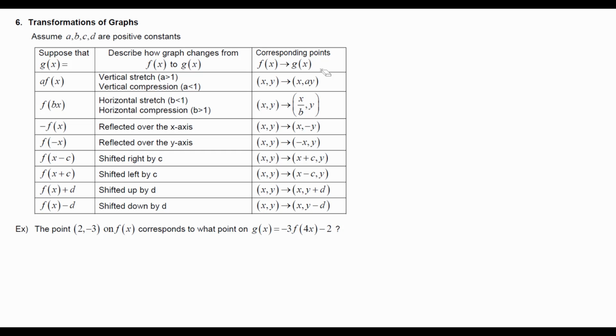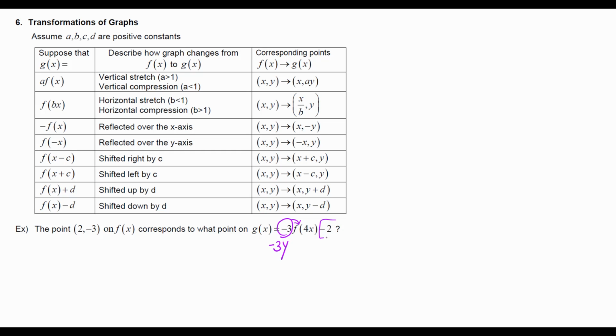Example. The point 2, negative 3 on f of x corresponds to what point on the new function g of x, which is made by negative 3 times f of 4x minus 2? So this negative 3 is multiplied by your f of x, so you're going to have to multiply the y coordinate by negative 3.